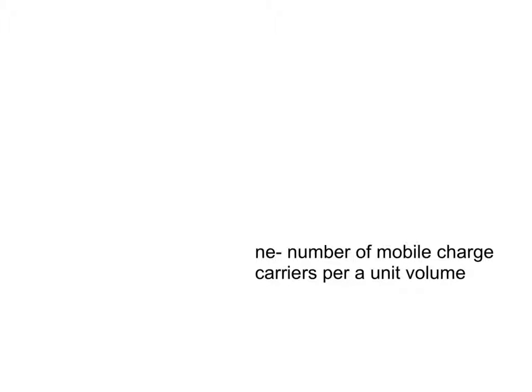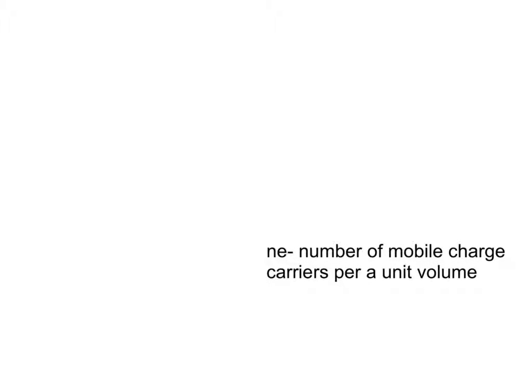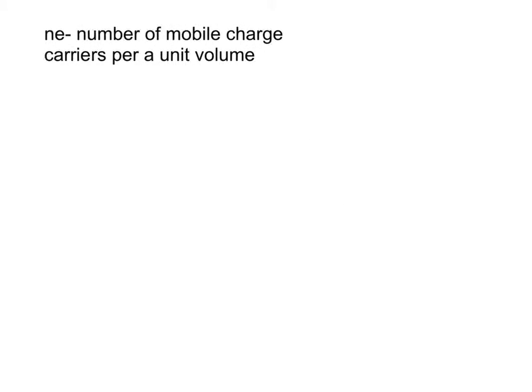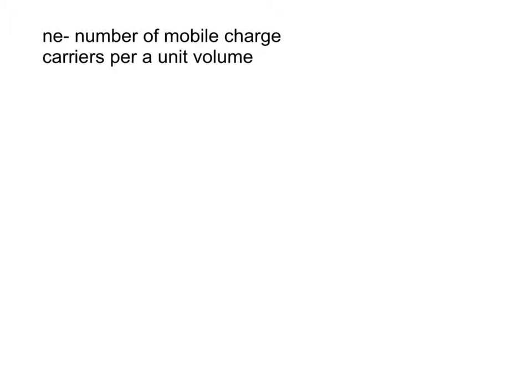And we can change that value by either increasing the size of our object or by increasing the number of mobile charge carriers by using a different metal. So silver's got a good number of mobile charge carriers. Gold has a good number of mobile charge carriers. Copper has a good number of mobile charge carriers. And the more mobile charge carriers I have, the better I can conduct electricity.